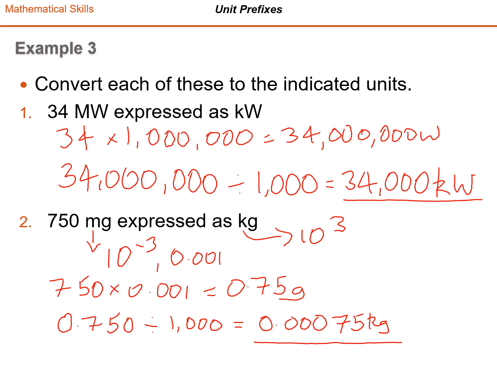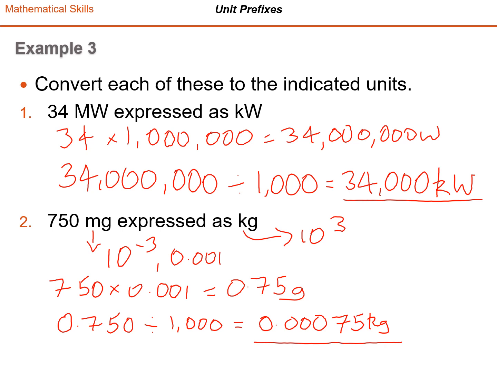Now hopefully you can see that at this point 0.00075 kilograms is beginning to get a little clumsy, we're beginning to get lots of extra zeros in. So either the 750 milligrams would be fine, or the 0.75 grams. But the kilogram is a special unit, because in the SI system of units, the kilogram is the standard unit for mass, whereas the standard unit for length is just a meter, not a kilometer.